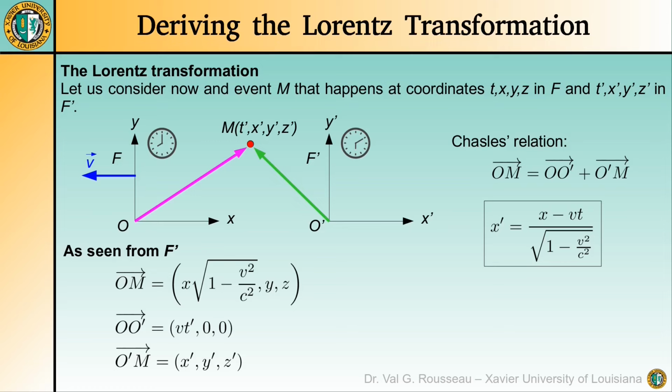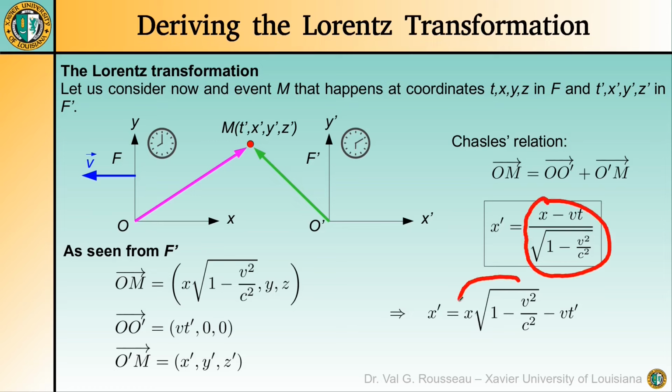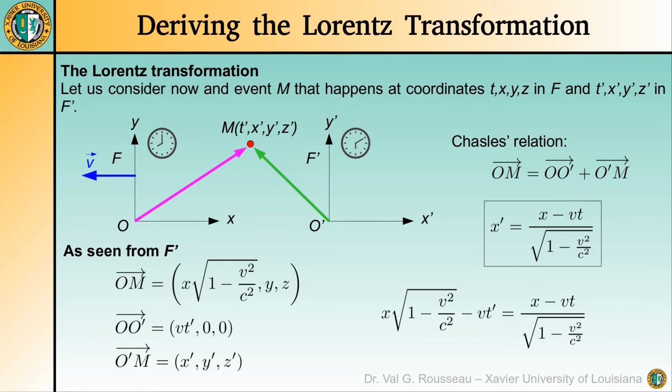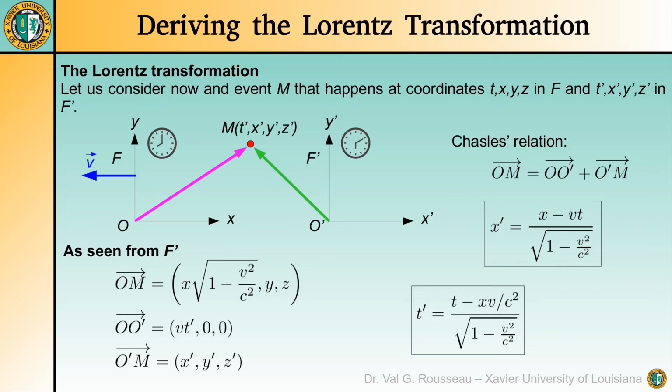As before, we can plug these vectors into Chasles' relation, and we obtain this relationship that we can solve for x prime. So we have now two expressions for x prime that we can equate. Doing so leads to an expression in which t prime is the only primed variable. Solving for t prime, we obtain the formula that gives the coordinate t prime as a function of the coordinates from F.